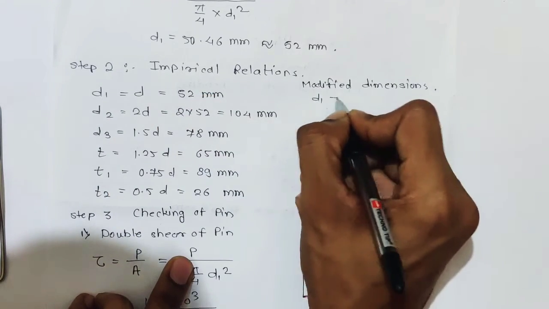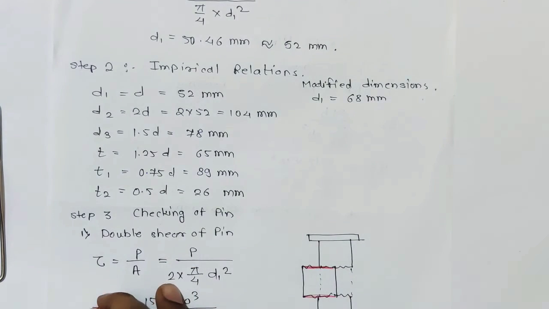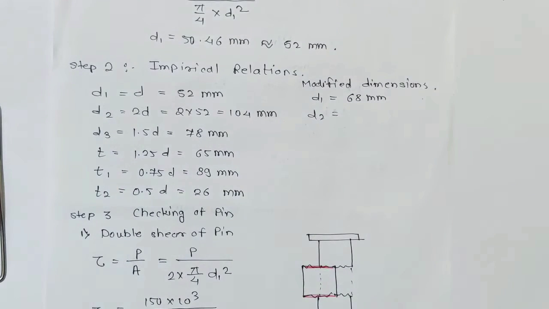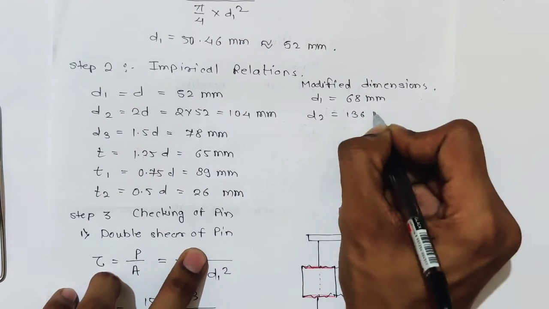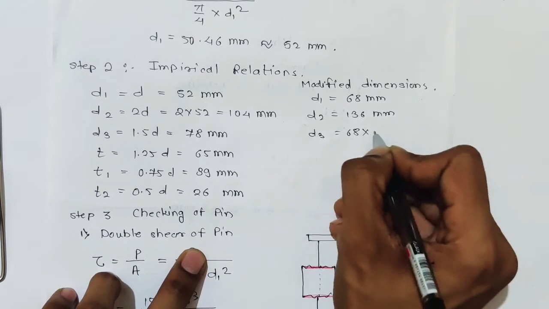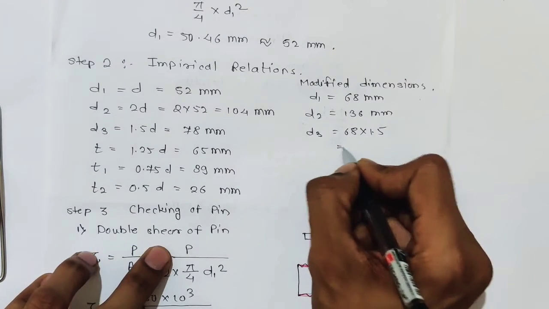So d1 will become 68 mm. Now D2 will become 68 into 2, that is 136 mm, and D3 will become 68 into 1.5, that is 102 mm.